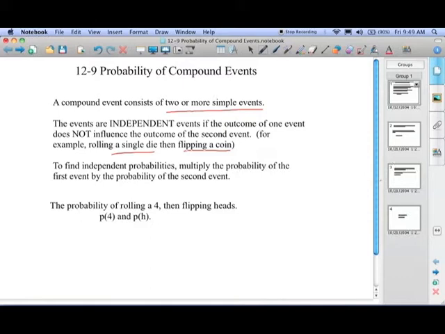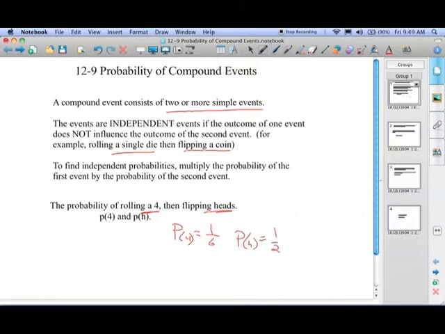Therefore, the probability of rolling a 4, then flipping heads, is P(4) and P(H). So, the probability of a 4 is 1/6, and the probability of heads is 1/2.